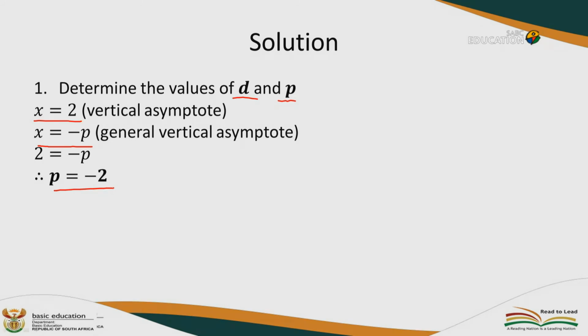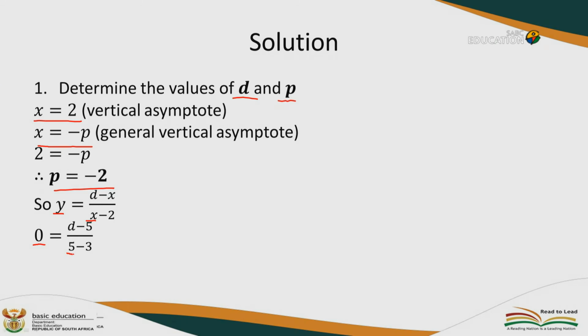Now what is left is for us to find d. To find d, we are going to substitute the other point that is on the graph. The other point was (5, 0). So our y is 0, so we replace y with 0, and we replace x with 5 there.